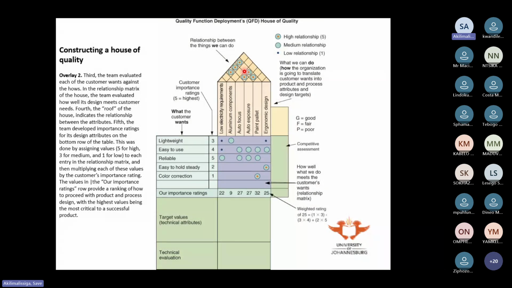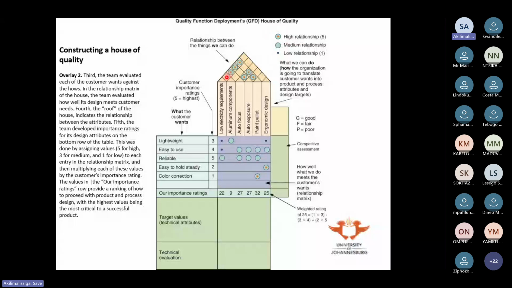In the process of building this house of quality, if you find that there is a relationship between components, you will provide a symbol to show that there is a relationship there. And what kind of relationship is it: high, low, or medium? Based on your symbols or signs, you input the correct sign to represent the relationship.